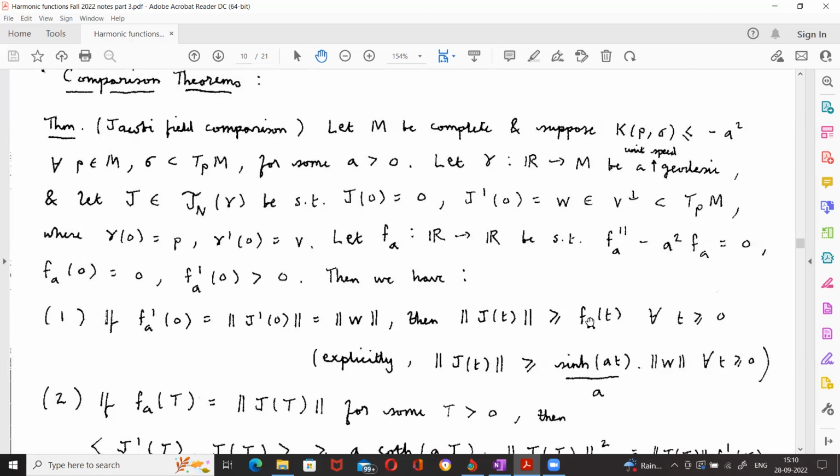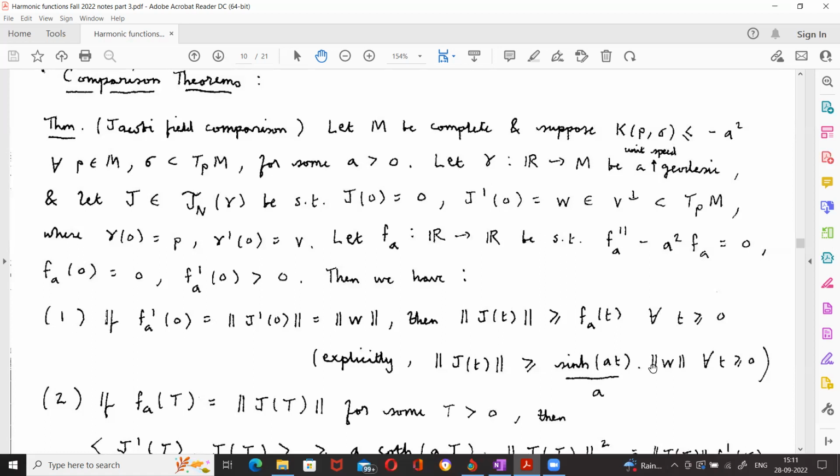And this f_a(t) we can calculate explicitly. If we know these initial conditions, f_a(0) is 0 and f_a'(0) is norm W, then f_a(t) is going to be sinh(at) over a times norm W. So we get that the Jacobi field grows at least as fast as this.